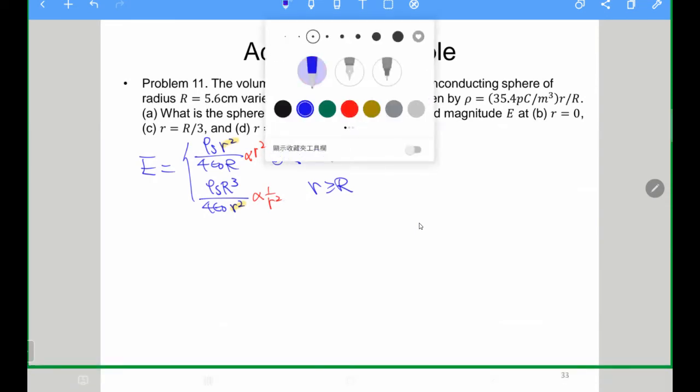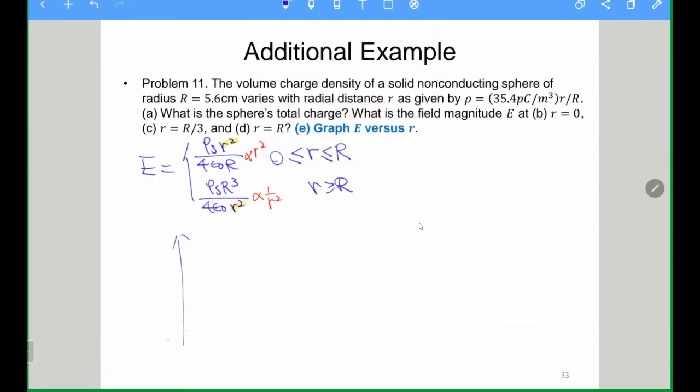When we graph it out, this is capital R on the r axis, and this is the magnitude of E. At capital R, this point will be the maximum E field. When r is smaller than capital R, it increases as a square function.